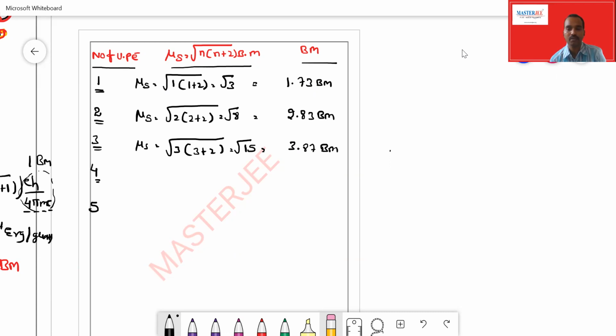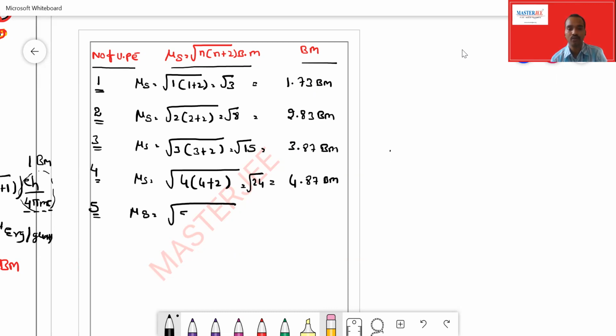For 4 unpaired electrons, mu s is equal to root over 4 into 4 plus 2, root 24, which is 4.87 Bohr magnetons. If 5 unpaired electrons are present, mu s is equal to root over 5 into 5 plus 2, that is root 35, which is 5.91 Bohr magnetons.